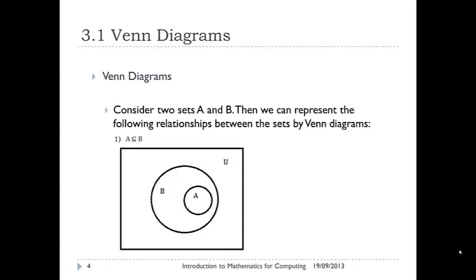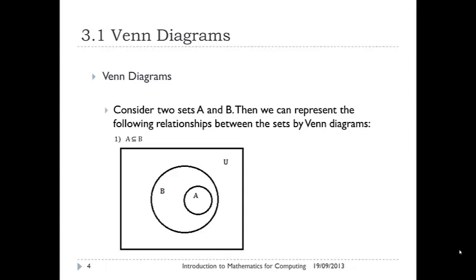So the first one we can consider is a subset relationship. If we're given two sets, A and B, both subsets of the universal set, then we can represent the following relationships between the sets by Venn diagrams. So the first one is A is a subset of B. In the diagram we see the rectangle representing the universal set.